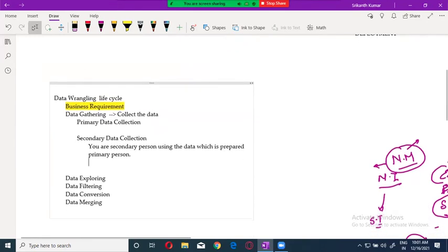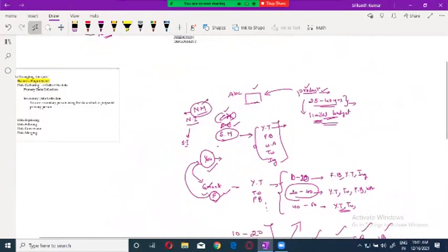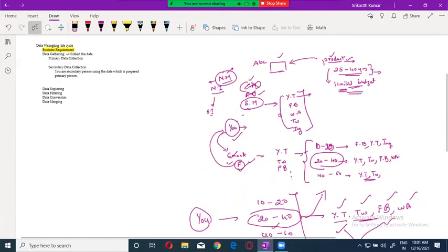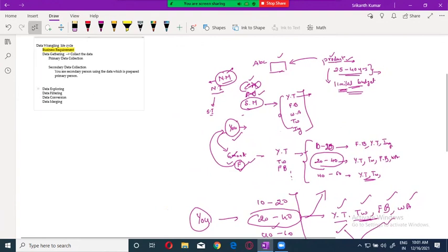Now, the first thing you did after getting the data: you went through the data and understood that it is classified into 0 to 20, 20 to 40 and 40 to 60. This process of going through the data that you got from other people is called data exploring, or data exploration.